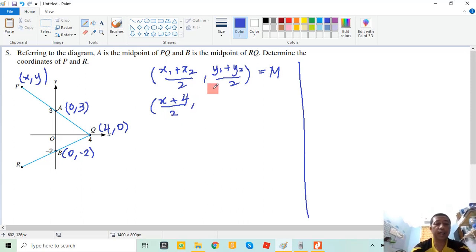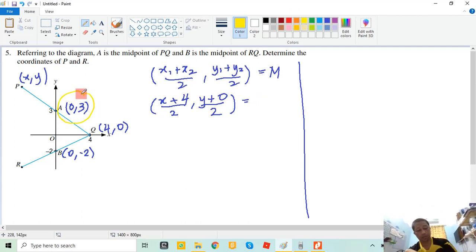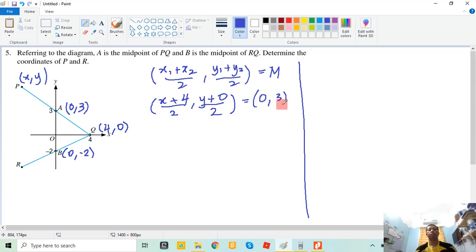Next, y1, we don't know the value, we write as y, plus y2 from point Q, equal to 0, divided by 2. And equal to M. M is the midpoint. Remember, the midpoint is point A, in the middle of PQ. So we write the coordinates of point A, which is (0, 3).